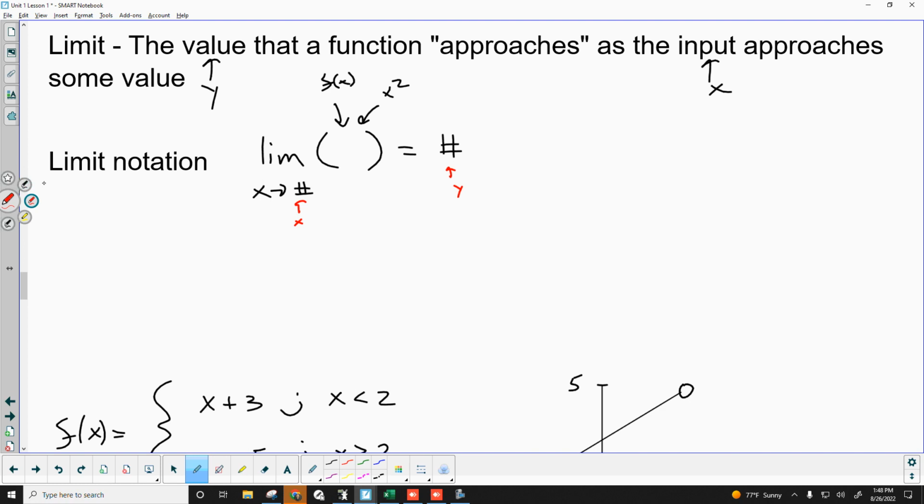Now, some important things about limits. We can look on one side or another. X approaches a number with a negative sign as an exponent. This means to the left, or a little bit less.